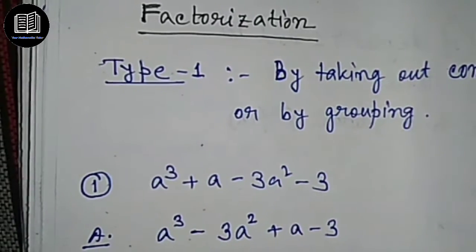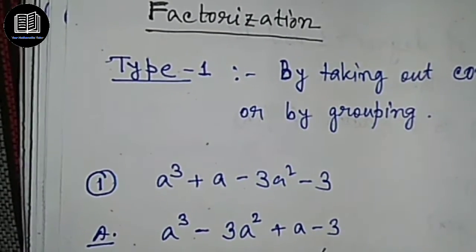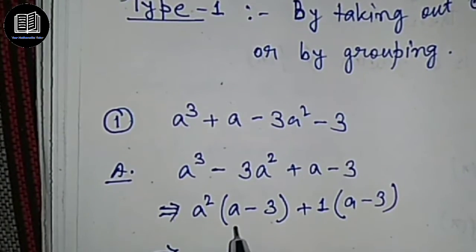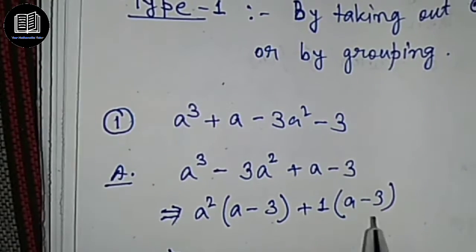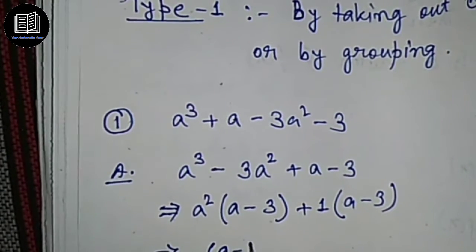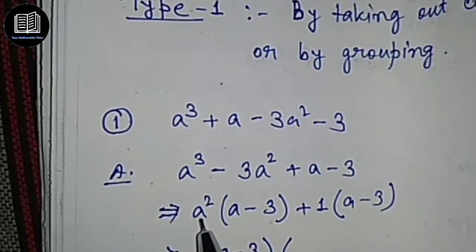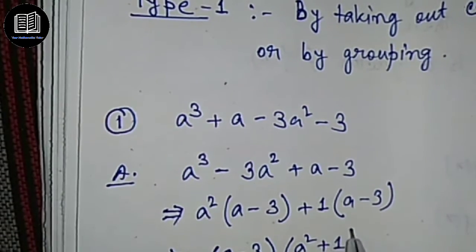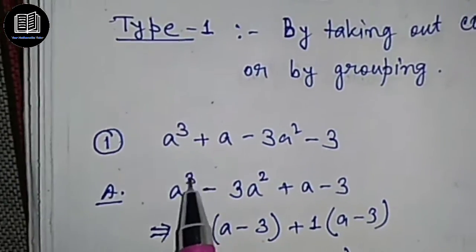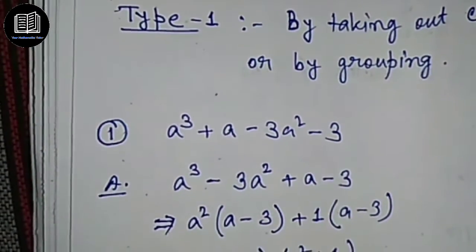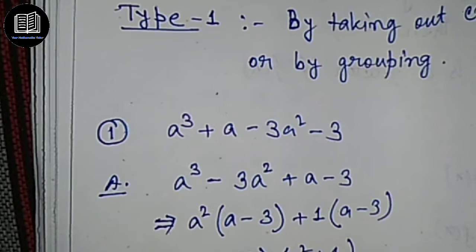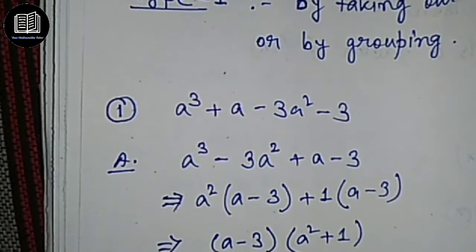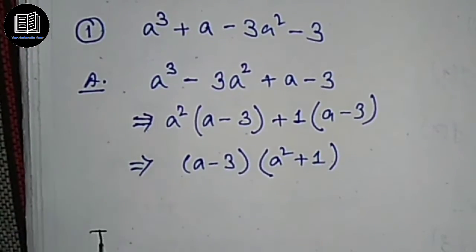And here no common part, so take out 1. a minus 3 is common in both, so take out a minus 3, the remaining part here is a square and here plus 1. So after factorization of this polynomial, we get the factors as a minus 3 and a square plus 1. Clear? Now come to next type.